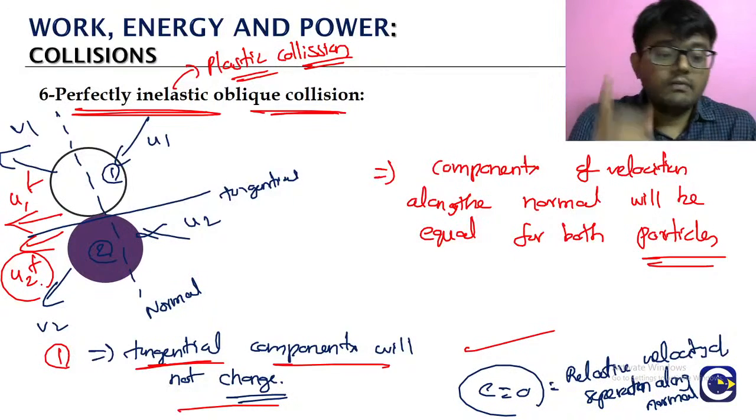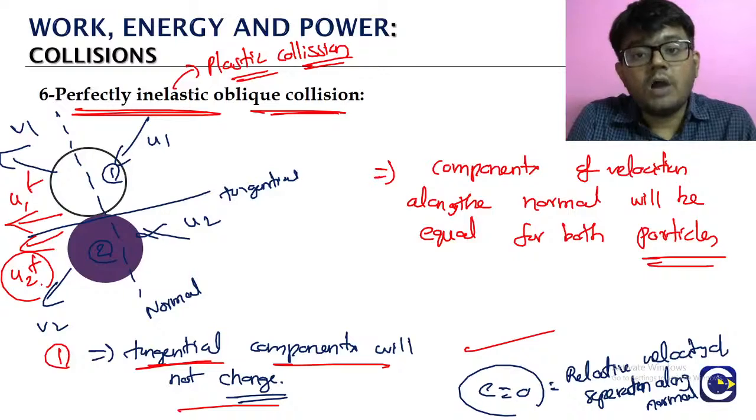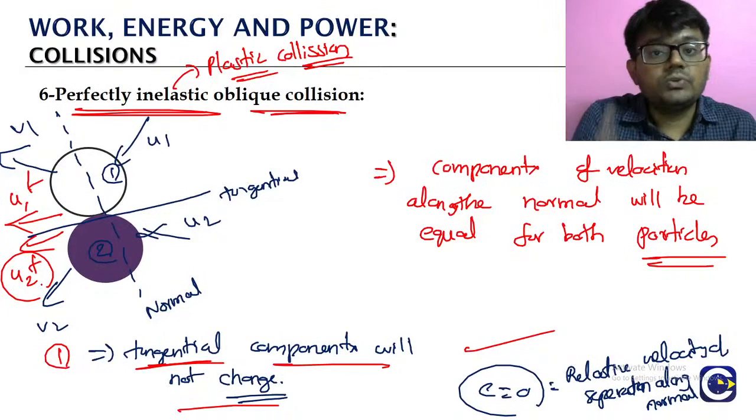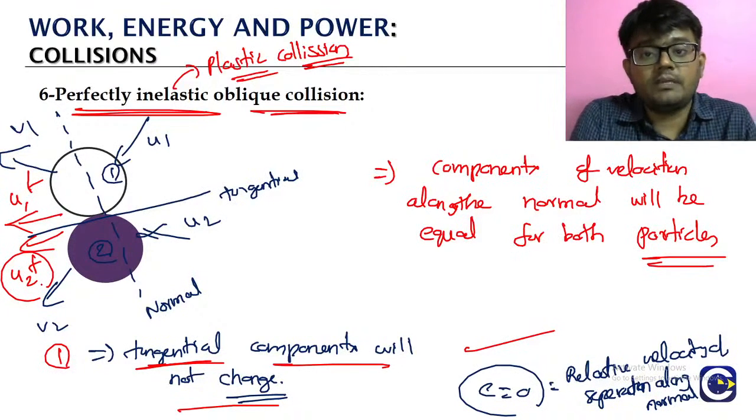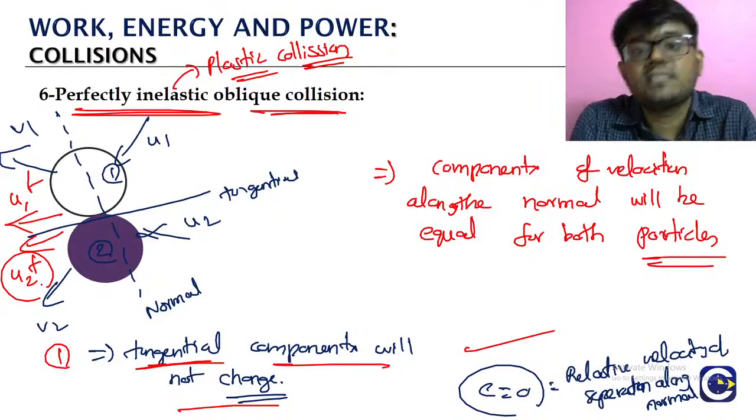Whether it is head-on or oblique, consider the coefficient of restitution E. For elastic collisions E is 1 in both cases, but the way we define E is different.